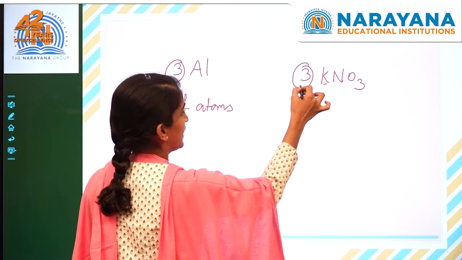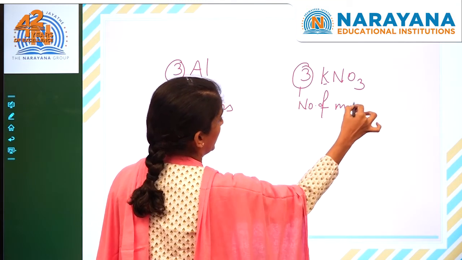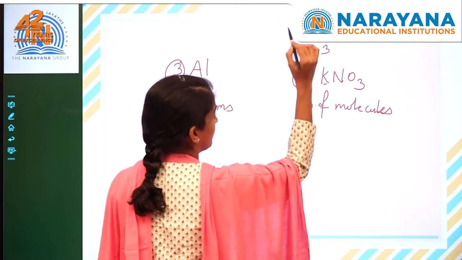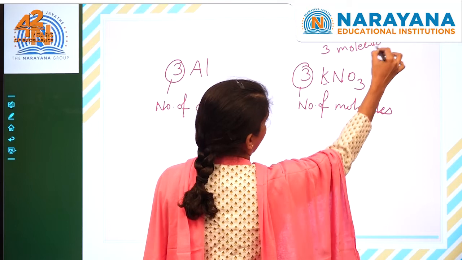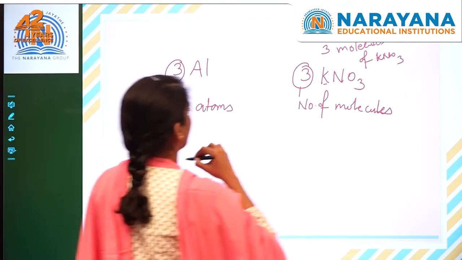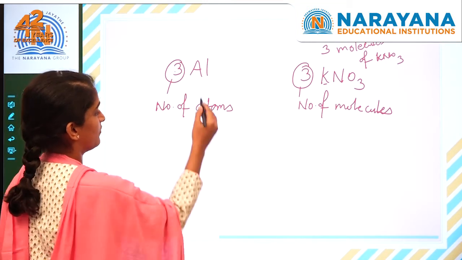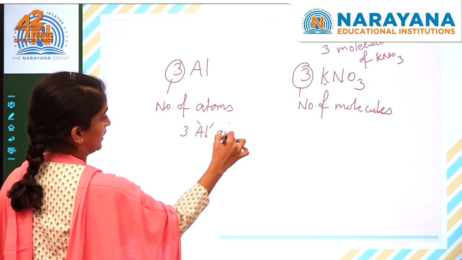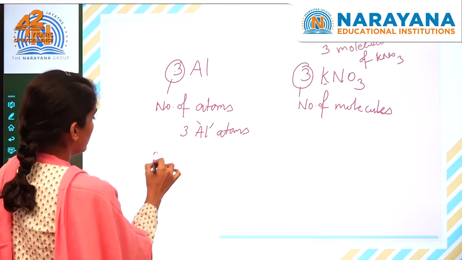This indicates the number of molecules, so here 3 molecules of KNO3, that is, 3 molecules of potassium nitrate. In the previous example, aluminium is the element, so the number 3 indicates the number of atoms. So 3 aluminium atoms are there.